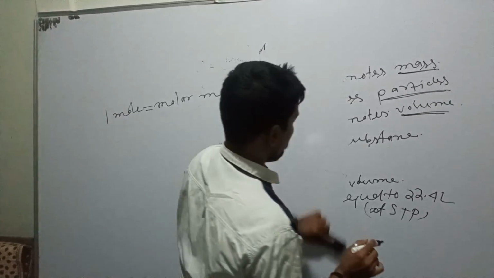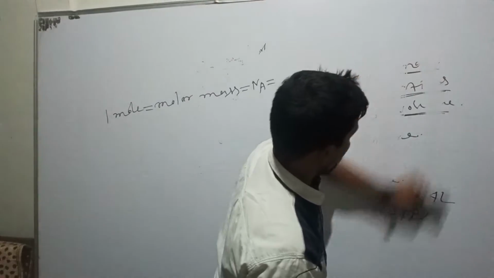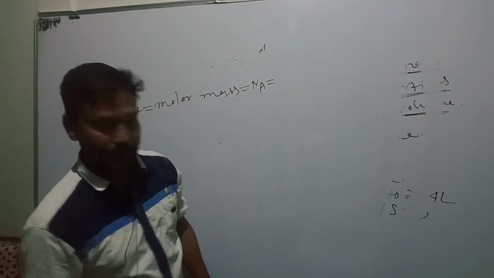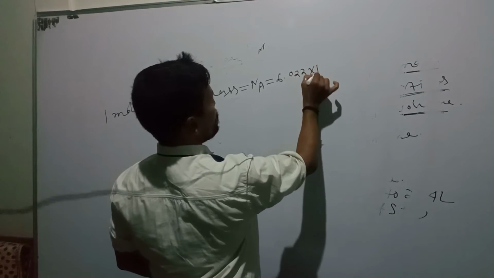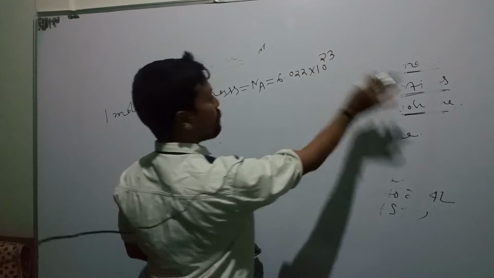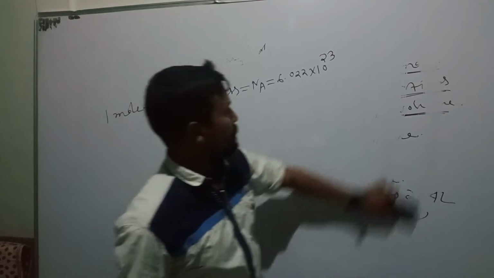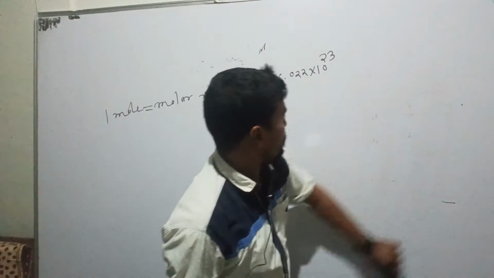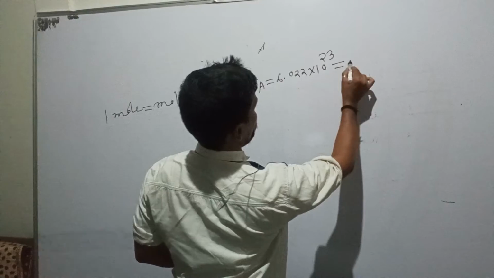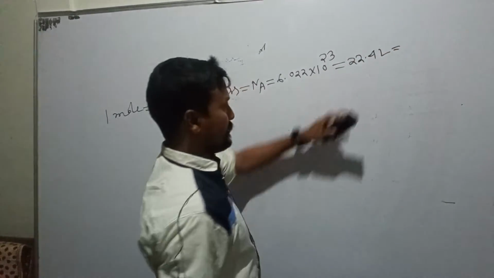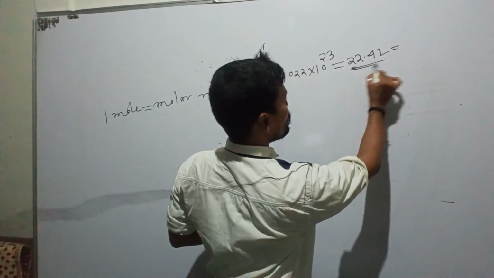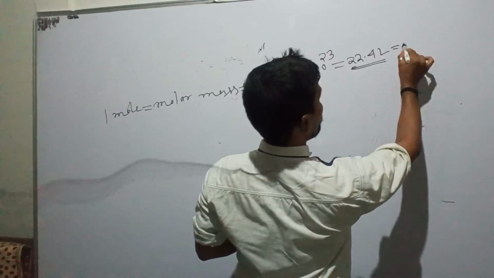And what is the value of Avogadro number? The value of Avogadro number is 6.022 into 10 to the power 23 particles, and which is equal to 22.4 liter. And this quantity 22.4 liter is called molar volume.